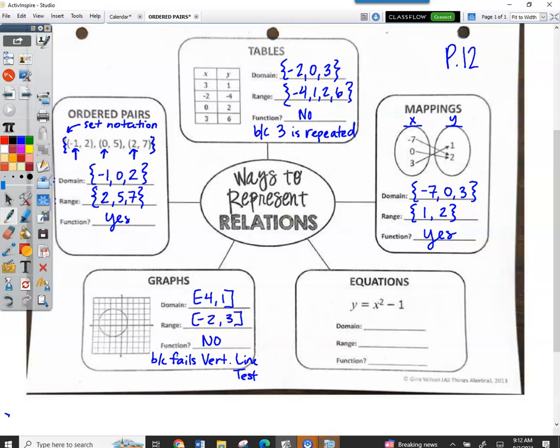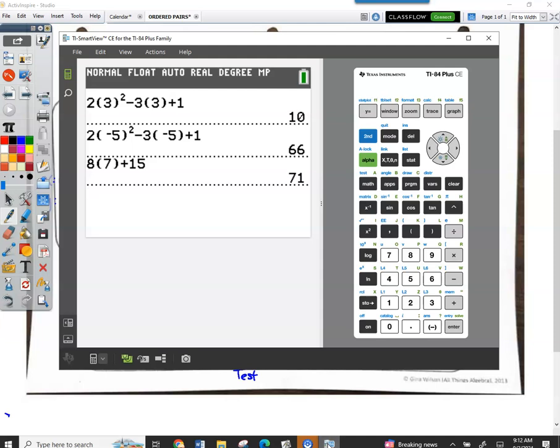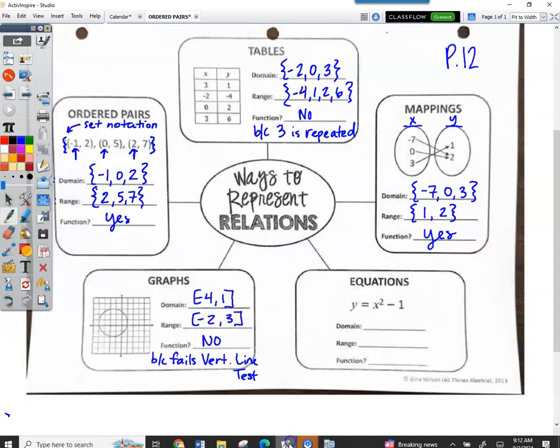You're going to go to your graphing calculator, and we're going to graph this. You will notice that this equation is already in what's called y equals mode. That means you can type this in your graphing calculator. If it were not y equals mode, then you would have to use Desmos, okay?